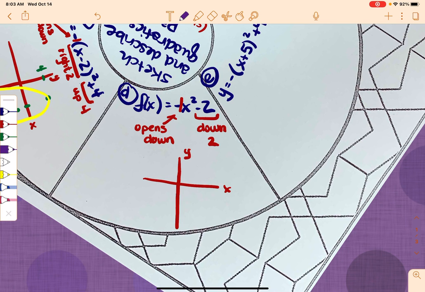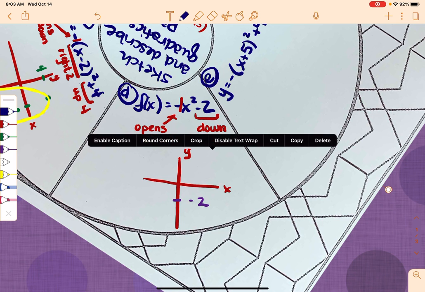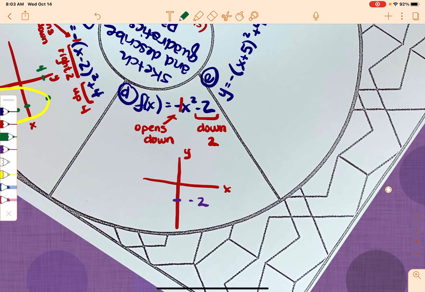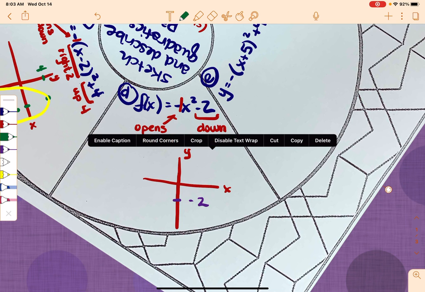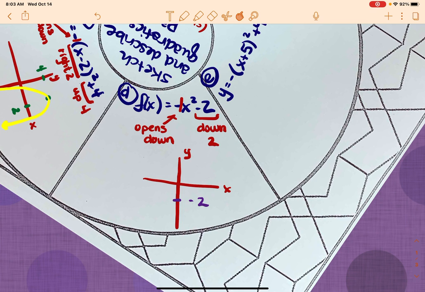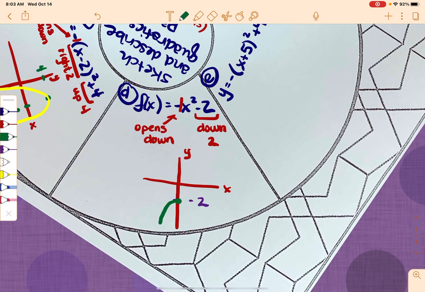So I'm going to get ready for my labeling. If it goes down 2, there's negative 2 down here. And that's the only movement that happens. So that's where my vertex is going to go. And it's going to open down.